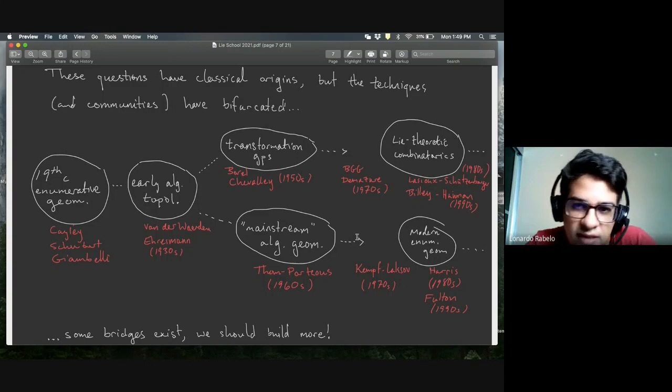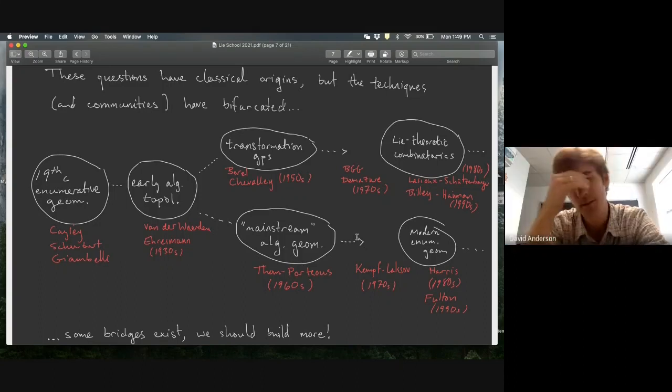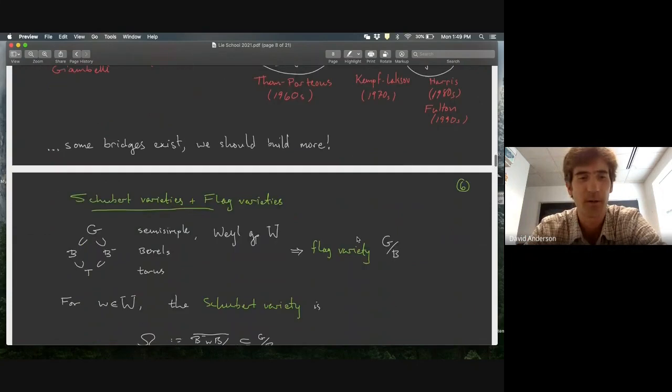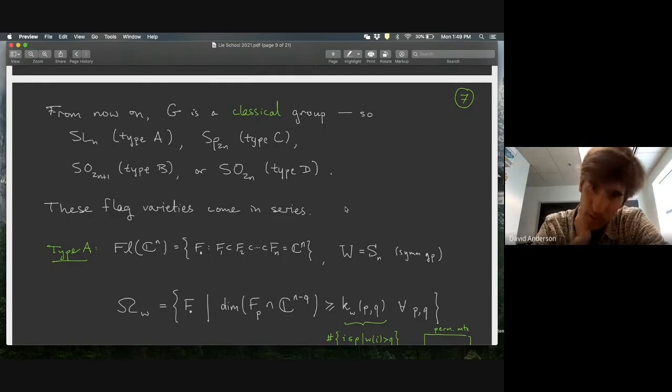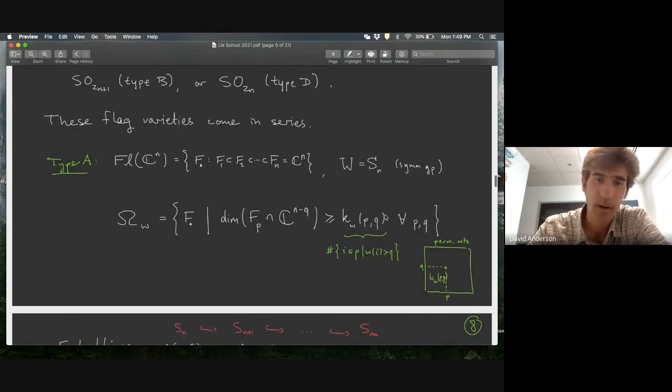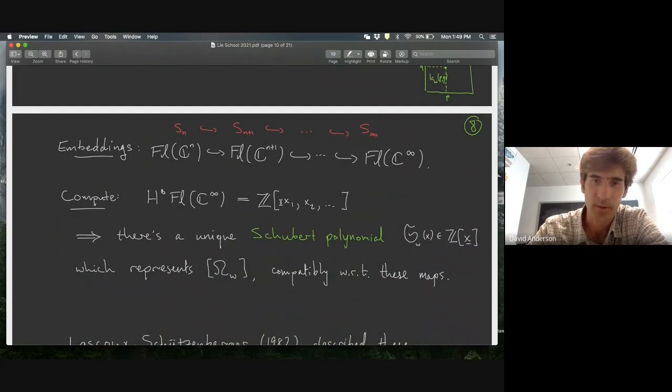And about the exceptional groups, are there some analogs in this direction? Yeah, that's a good question. I was trying to emphasize stability, and the point is that these flag varieties all come in series. Stability characterizes these Schubert polynomials, because when you take a limit, you just get a polynomial ring. So the question I would throw back to people asking about exceptional groups, which is very natural to do, is what kind of stability would you like to require?